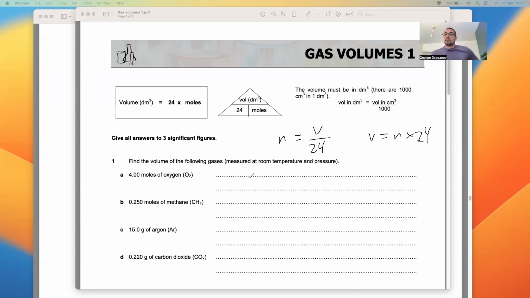They want volume, so V equals n times 24, which equals moles, which is 4, times 24, which is 96. But I must put the units. Because I use 24, I have to put decimeters cubed. As I said, if you want centimeters cubed, you times it by 1,000. So you see, this is actually easier than moles equals mass over Mr, because you don't have to work out the Mr or the Ar.